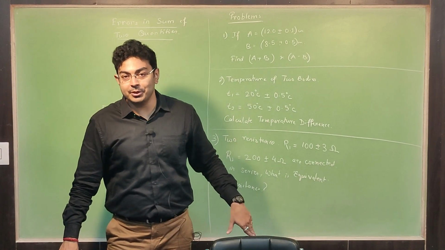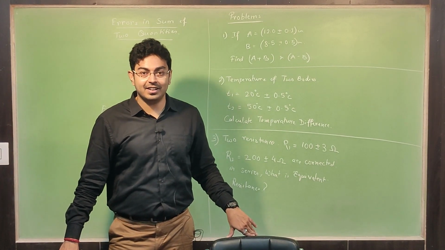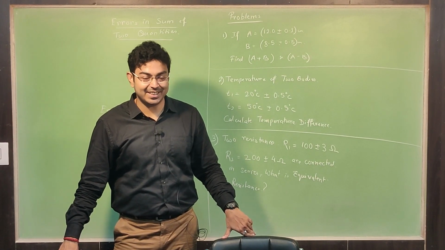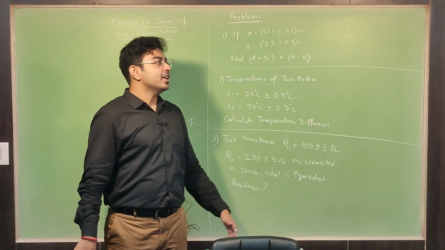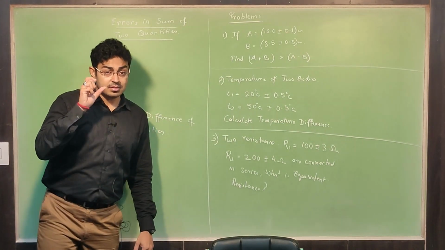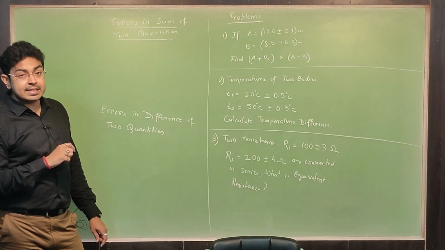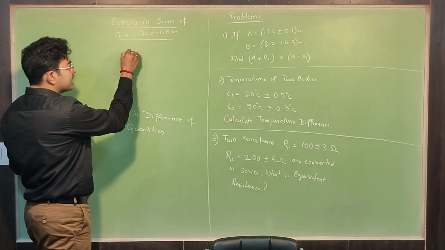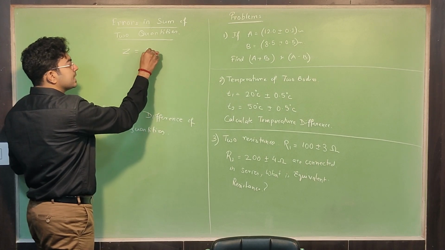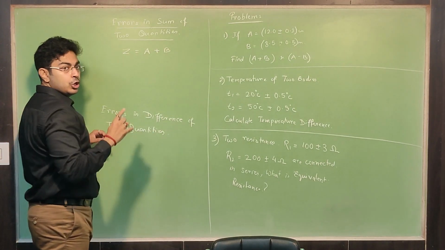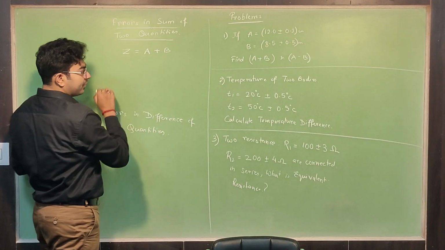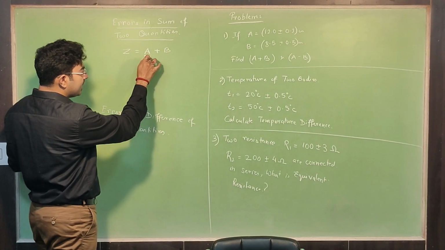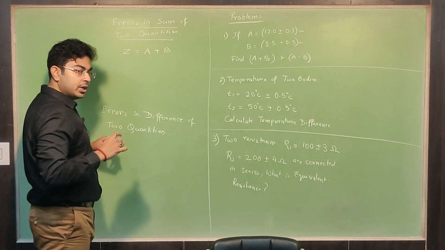Because you are coming for an experiment and your concept is not clear and you don't know how to do the experiment, that kind of error is not considered, right? Now if any quantity is there when you have to find a sum, for example Z is equal to the sum of A and B, that means you have to take a measurement of A and a measurement of B. When you are taking a measurement of A, is it a true value of A?